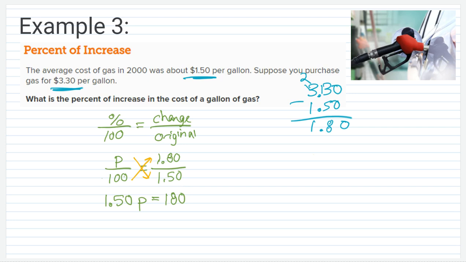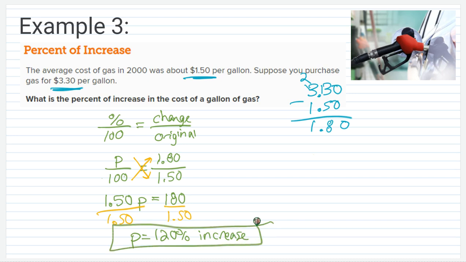And then 180 divided by 1.50. So let me write my work here. So divide. We end up with our percent equaling 120. So it was a 120% increase in the cost of gas.